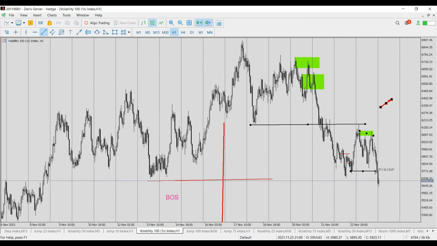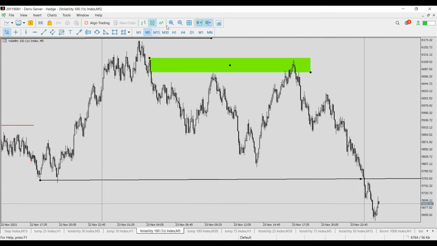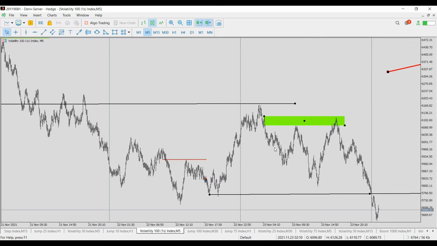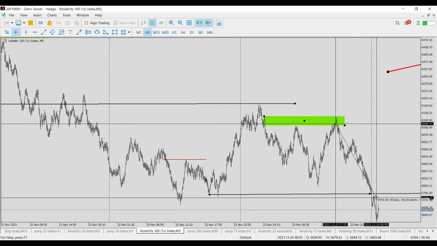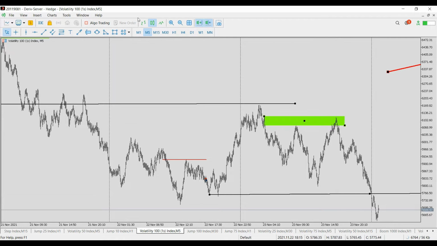Personally, I would leave this market somewhere here. The market never ends, so you don't need to be so greedy. Somewhere here, if I'm looking at this from a higher time frame, for instance M15, you can see how many pips we cut all the way from where you entered, and this is good money, guys.